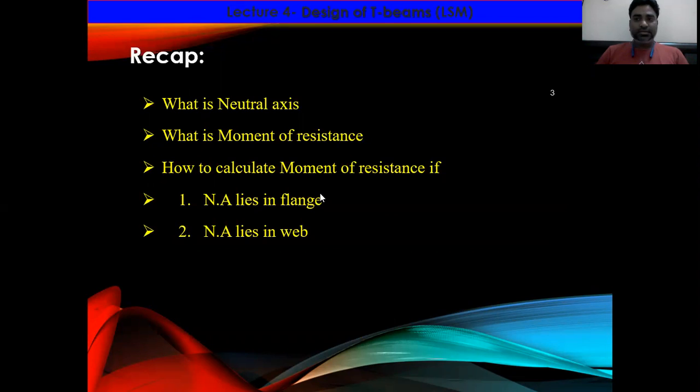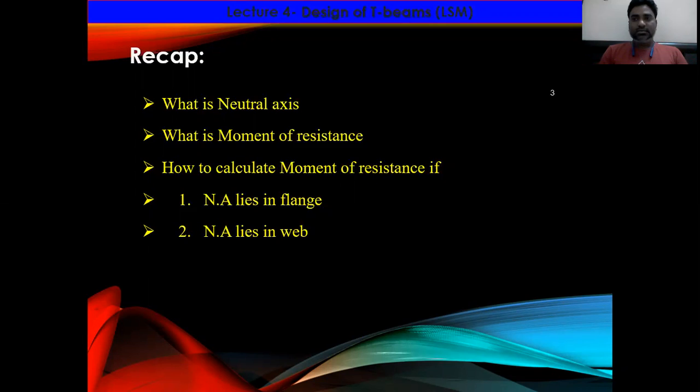Before starting today's lecture, I would like to recap what we discussed in the last class. In the last class, we discussed what is meant by neutral axis, moment of resistance, and how to determine the moment of resistance in T-beams.